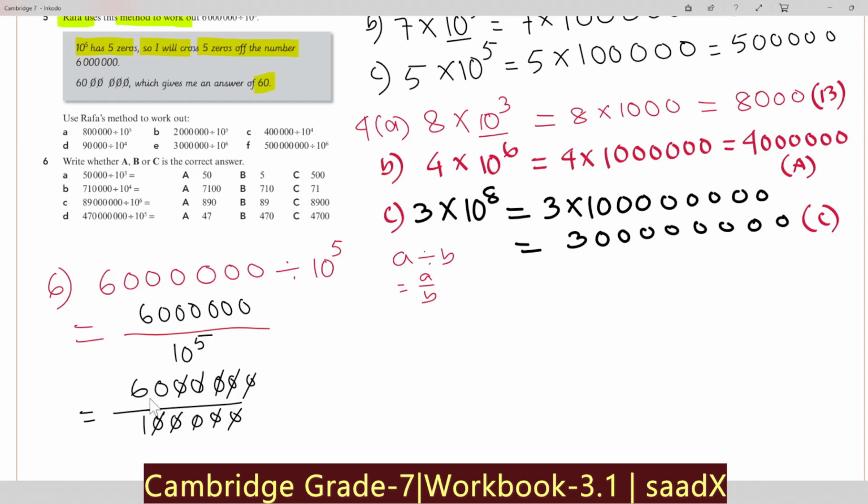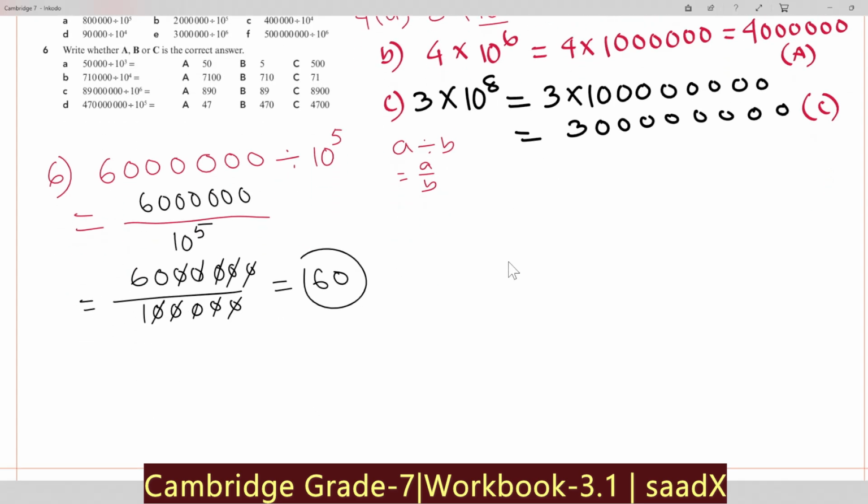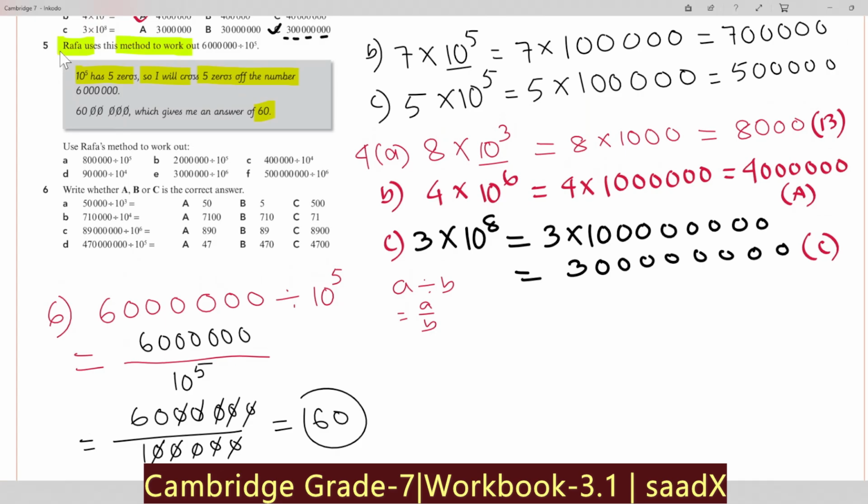Here remaining is only 60. This way we have to complete all the math in number 5. Here there are 5 questions, so we are trying to solve them one by one.